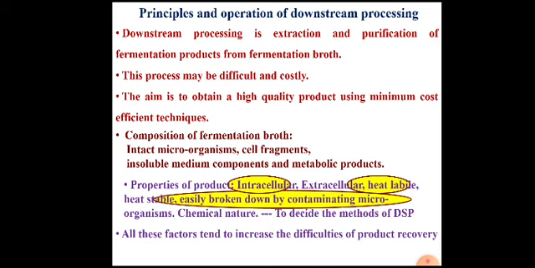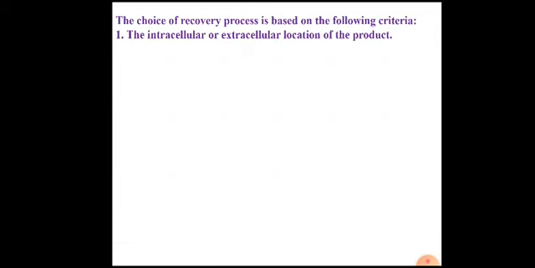So if the cells are lysed, then all the intracellular contents of that cell are going to be leaked out of the cell, and that will increase the complexity of the broth. So many metabolites will be present in that fermentation broth, and then the recovery process may become complex and costly. So it increases the difficulties.